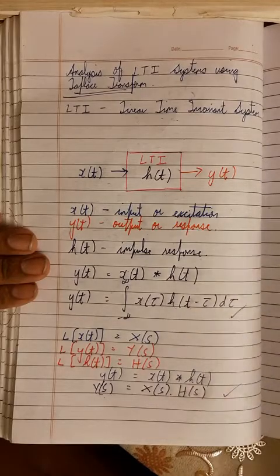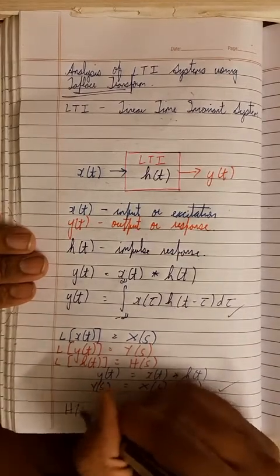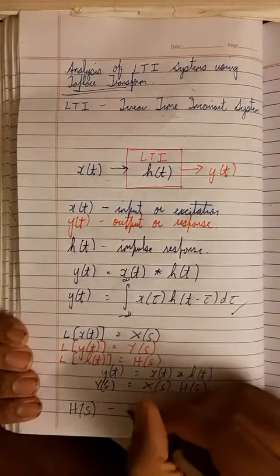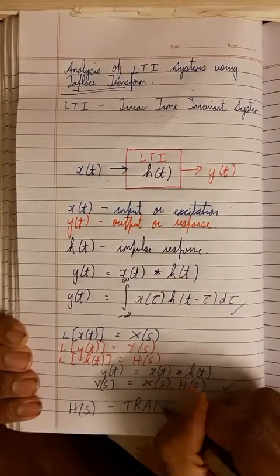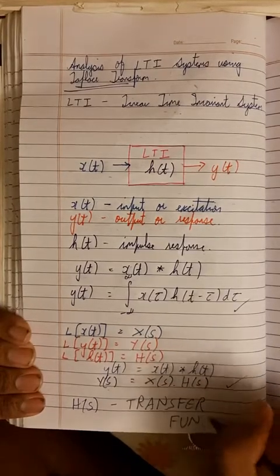One of the characteristics is that this h of s that you see here is called your transfer function.